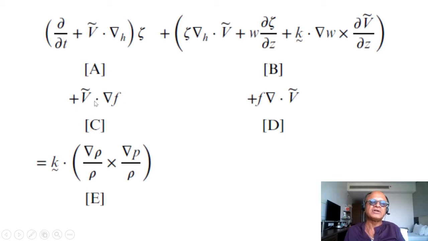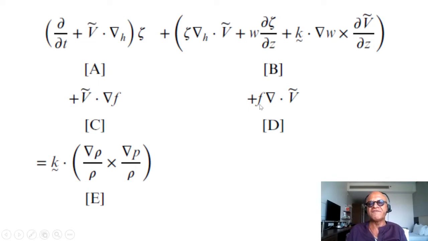There is advection or divergence of planetary vorticity, like a Rossby wave sitting somewhere with local f, and then it's perturbed to move to another f, so it is carrying some planetary vorticity with it.